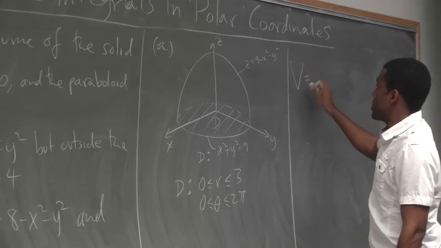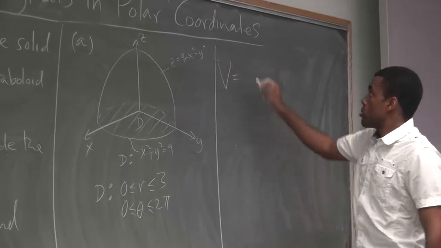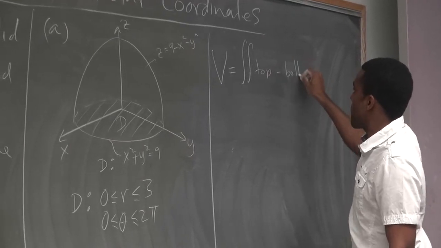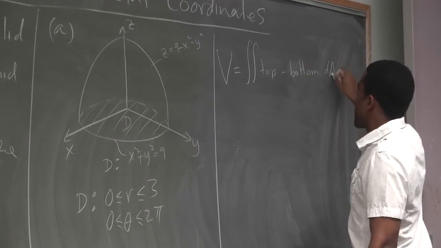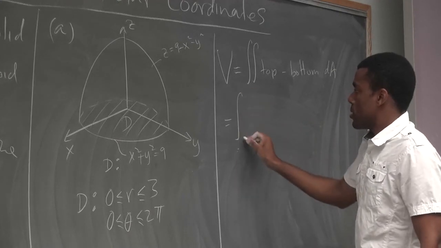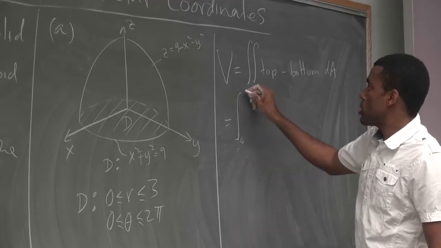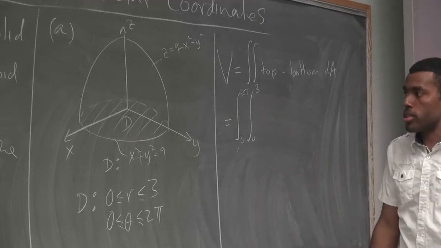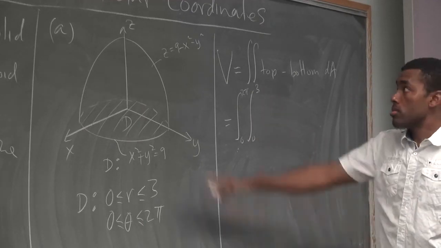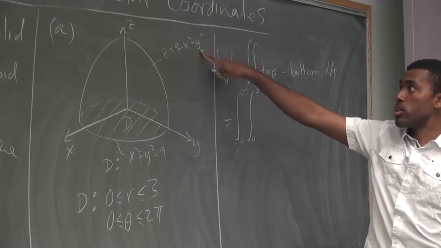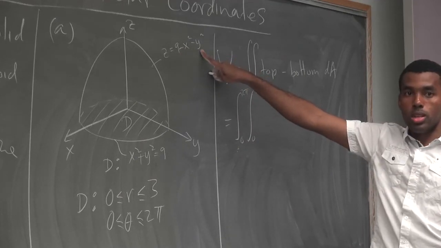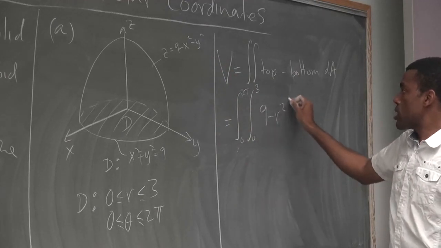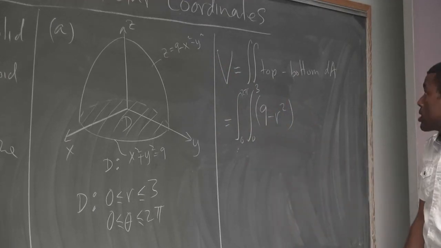So the volume is equal to, remember, it's the double integral of the top surface minus the bottom surface. So 0 to 2 pi, 0 to 3. What's the top surface? 9 minus x squared minus y squared, but I'm switching to polar coordinates, so what does it look like? 9 minus r squared is the top function, right?